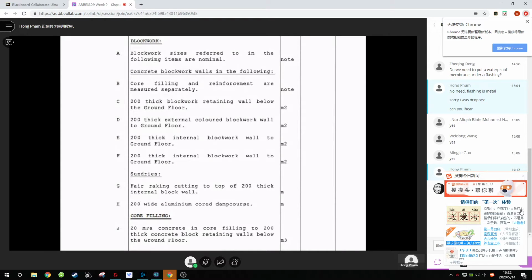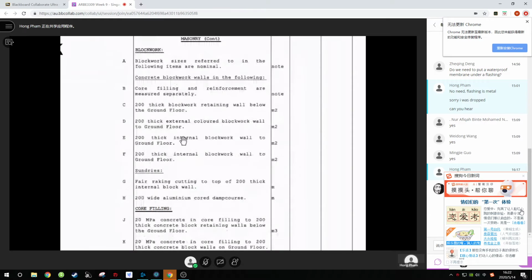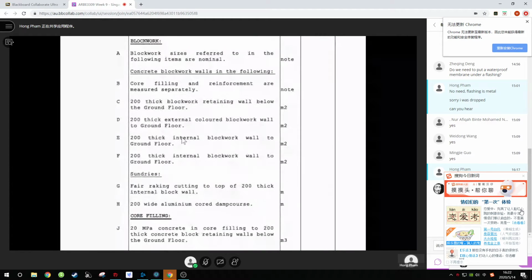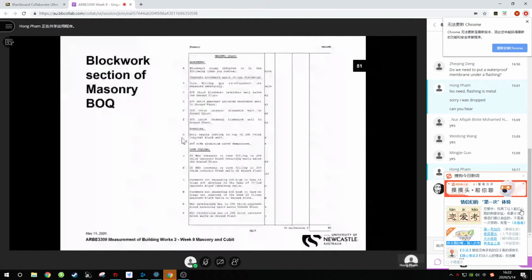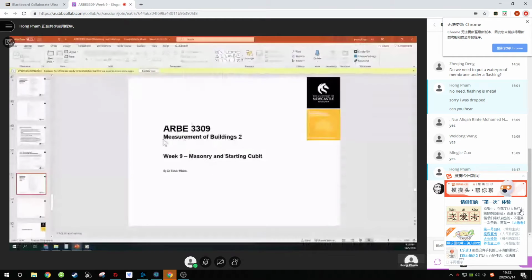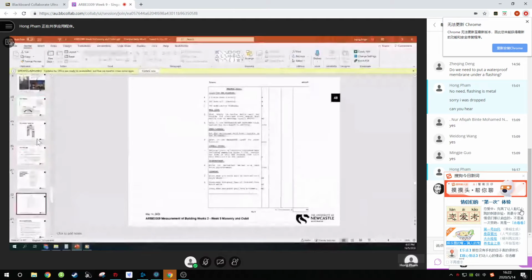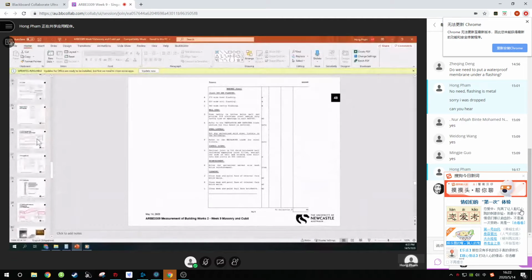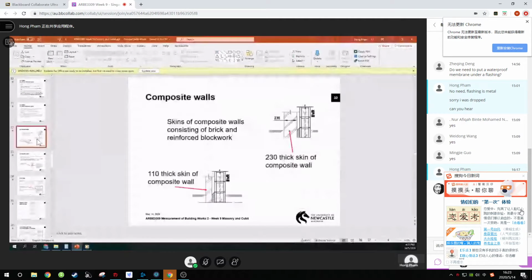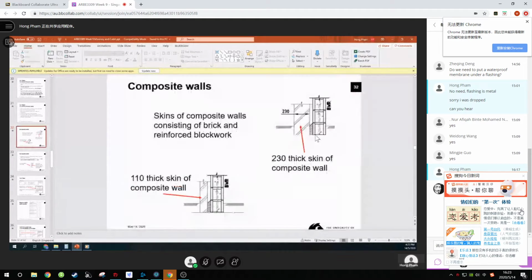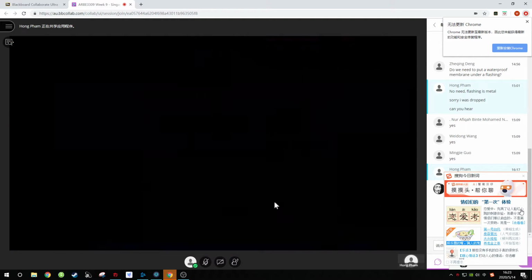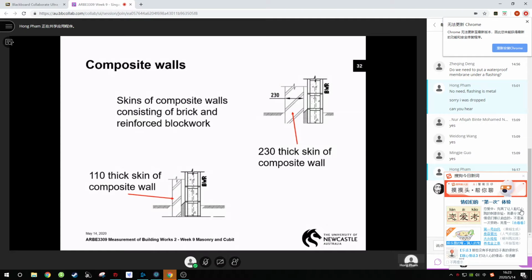Yeah, I think the block wall can be internal or external, depending on the location in the drawings or the items. For this example, I really don't know whether they are external or internal, because there are no indications.